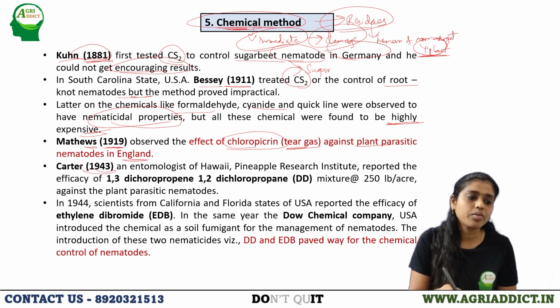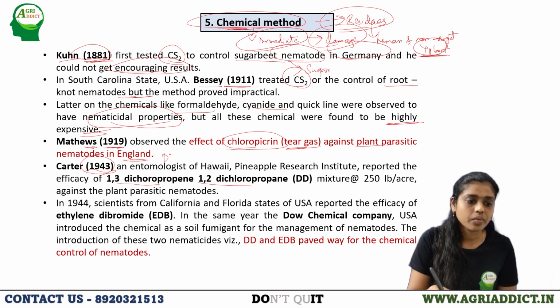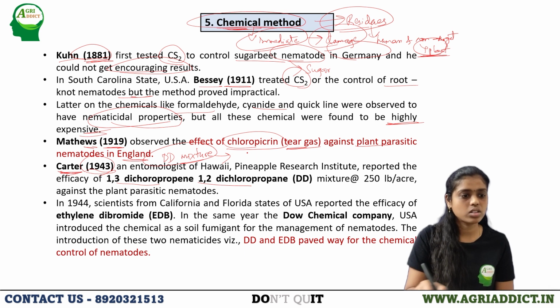And in the year 1943, the efficacy of 1,3-dichloropropene and 1,2-dichloropropane, that is the DD mixture, was reported by Carter. This was one of the effective chemicals which can be used for the control of nematodes.